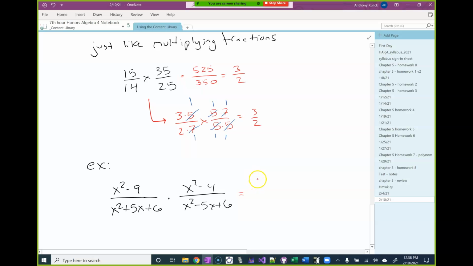Both denominators factor with the shortcut that we learned at the beginning. And the first one, we do x plus 4x. Those don't multiply to give you positive 6. Or add to give us positive 5.